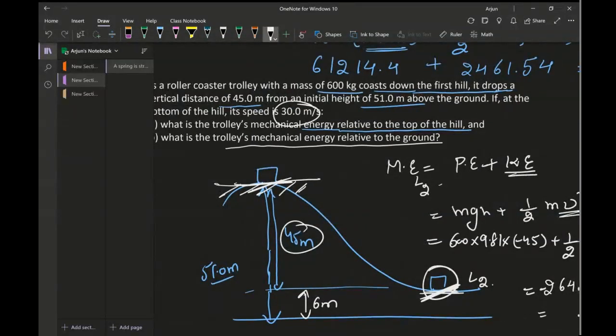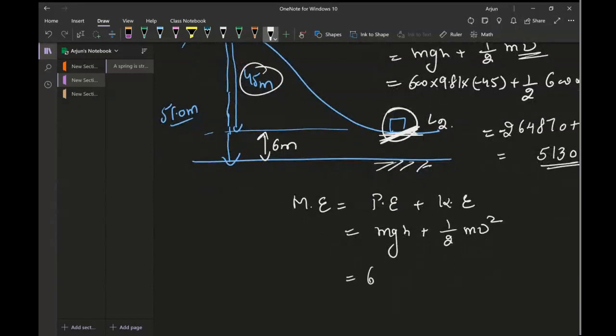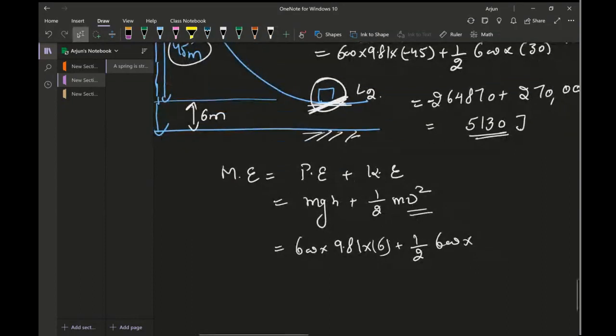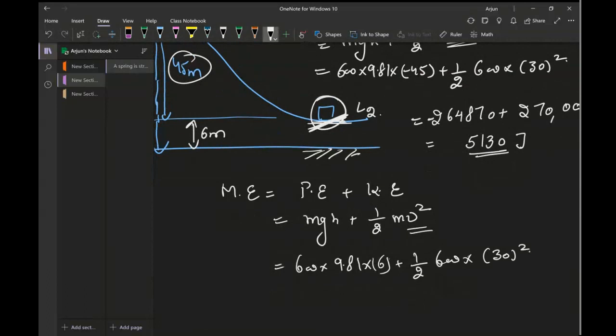Now, what is the trolley's mechanical energy relative to the ground? In that scenario, I will consider the height from the ground. Mechanical energy is again potential plus kinetic, mgh plus half mv squared. Mass is 600 times 9.81 times height, which is 6 now, plus half times 600 times velocity 30 squared.